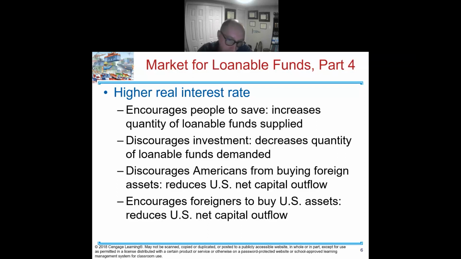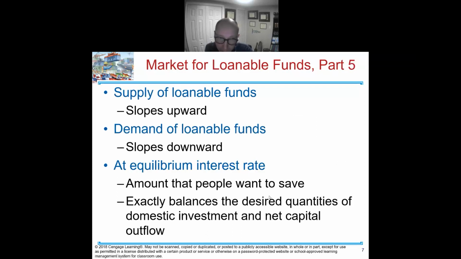In other words, when there's a high real interest rate, there's going to be less investment from Americans in foreign assets. Like, I'll buy less stock in Toyota if the interest rate is high when I ultimately sell it. It also encourages foreigners to buy U.S. assets because it reduces net capital outflow.